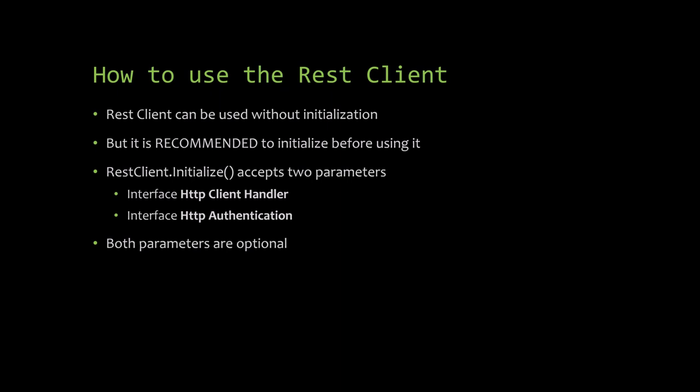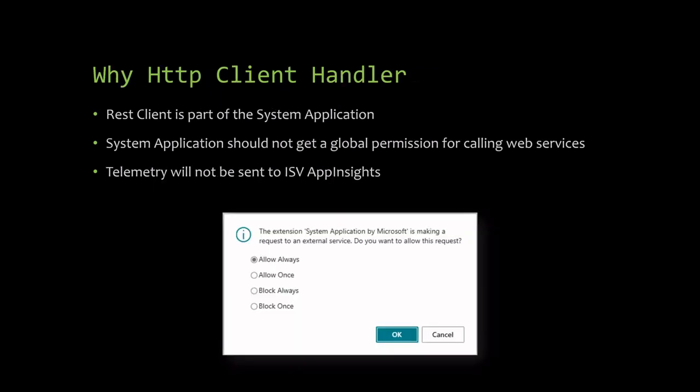Now, why is the HTTP client handler important? That's maybe the most important part of the REST client. The REST client is a member or part of the system application. Now, if you call the REST client for the first time in a sandbox, you will get a pop-up message: the extension system application is making a request to an external service.